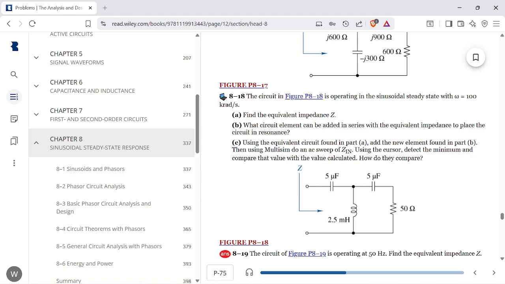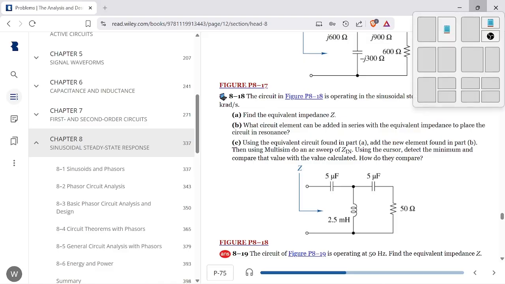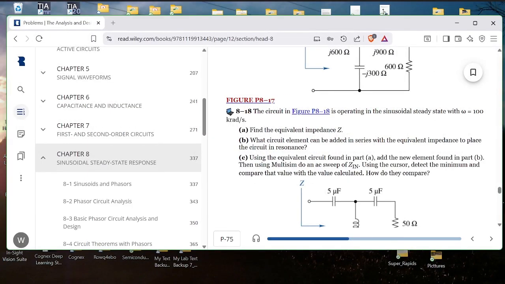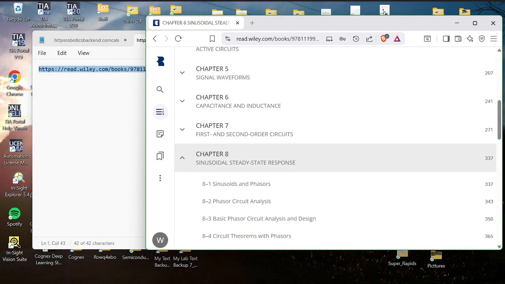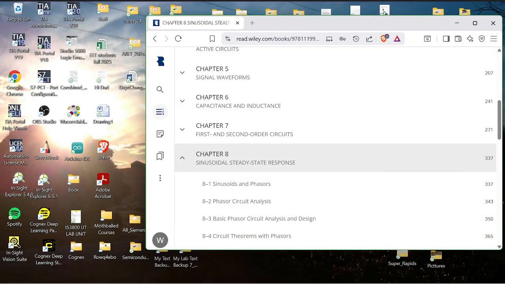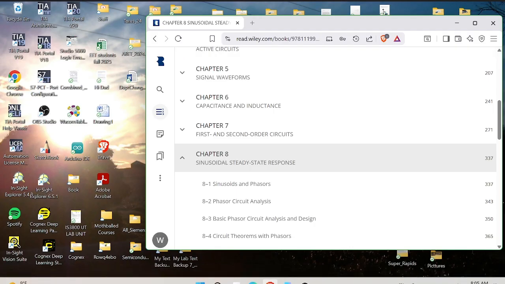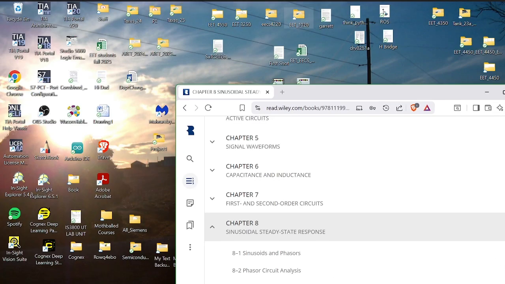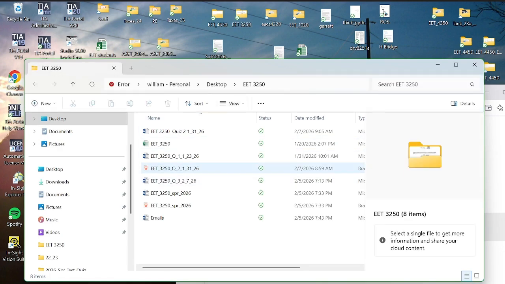Yeah, I don't remember what problems I picked. I'll go back and look at the syllabus real quickly. The syllabus.